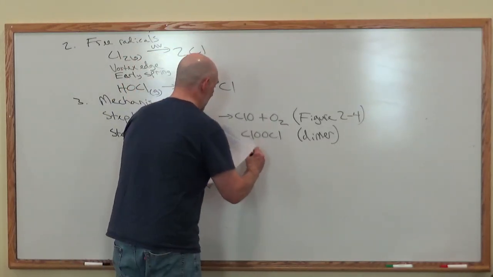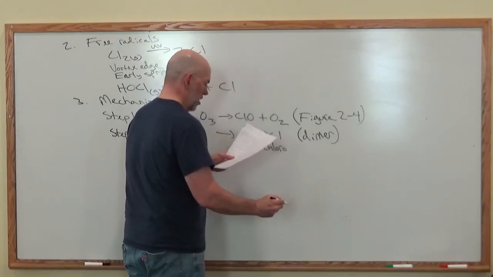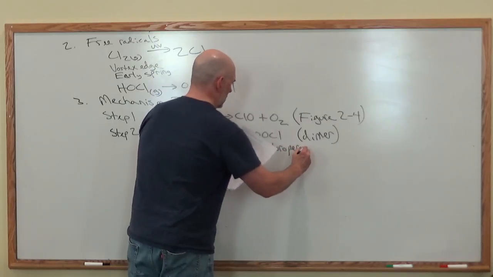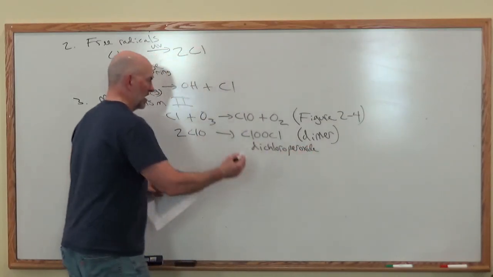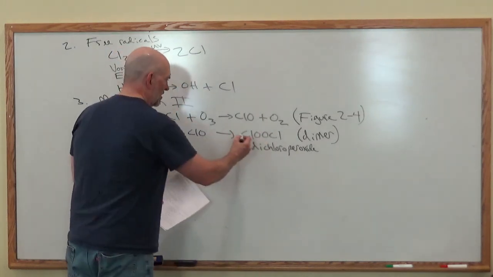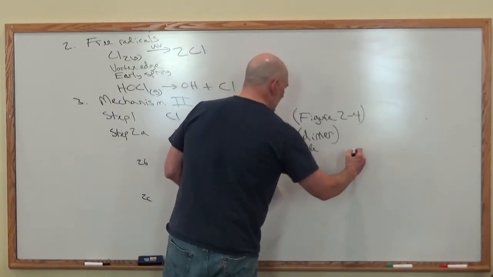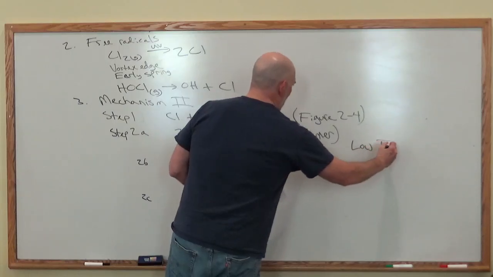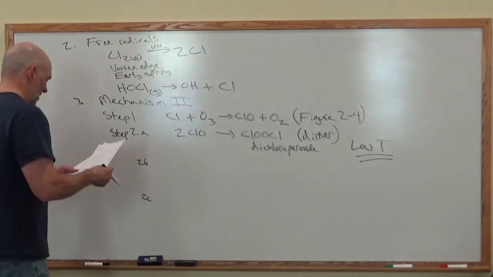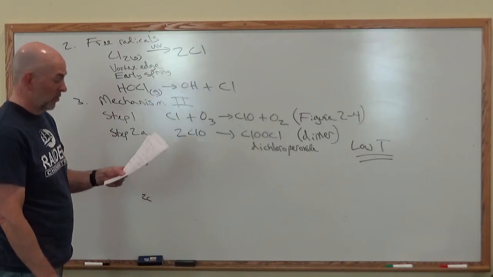And this one, I do have the name written down. Dichloroperoxide. It's a great name, because if those were hydrogens, that would just be hydrogen peroxide. And the comment I want to make here, and this is kind of important, this happens only at low temperatures. And the rest of it's actually pretty straightforward.